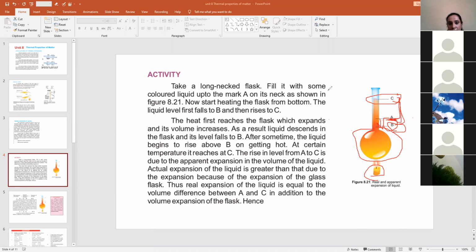In this way we can see how to measure the real expansion of a liquid.